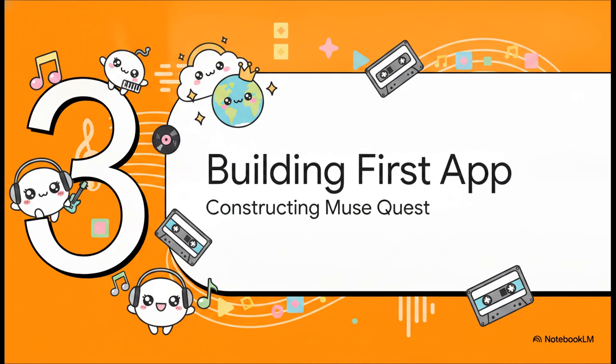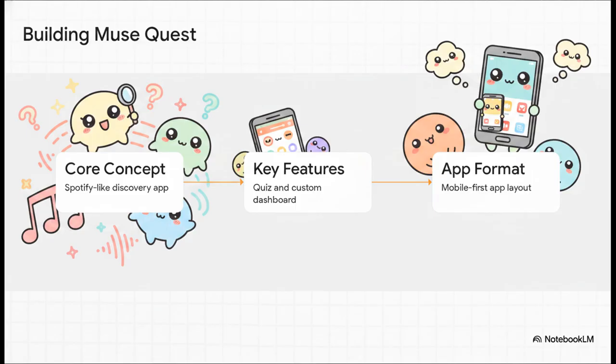That brings us to Section 3, Building Your First App, where we construct MuseQuest from scratch. With our rigorous ground rules locked in, it's time for the fun part, the actual build. We're going to create a fully interactive music discovery application, and let's call it MuseQuest. Now, we build the initial scaffolding using a single, incredibly detailed prompt, broken down logically.